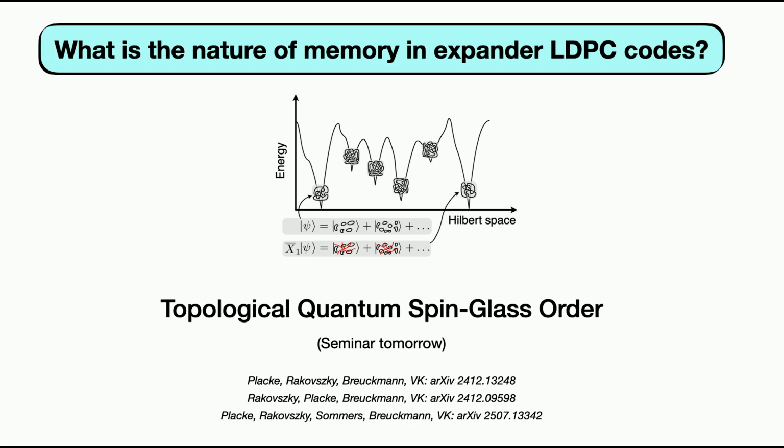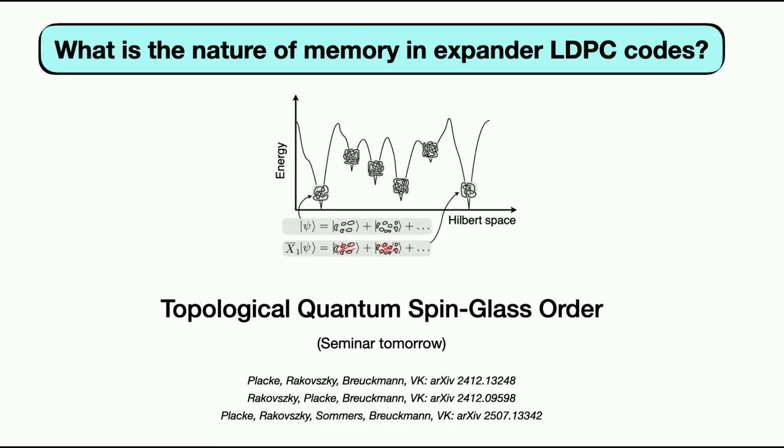And what we uncovered, which I will present in the seminar tomorrow, is that we know these models are passive decoders, but as far as their thermal properties go, the properties of this phase, not just in ground states but at finite temperatures, in many ways they don't look like they have thermally stable topological order in some conventional sense. But what we showed is that this should be understood as a very new type of spin glass order, which is a topological spin glass.